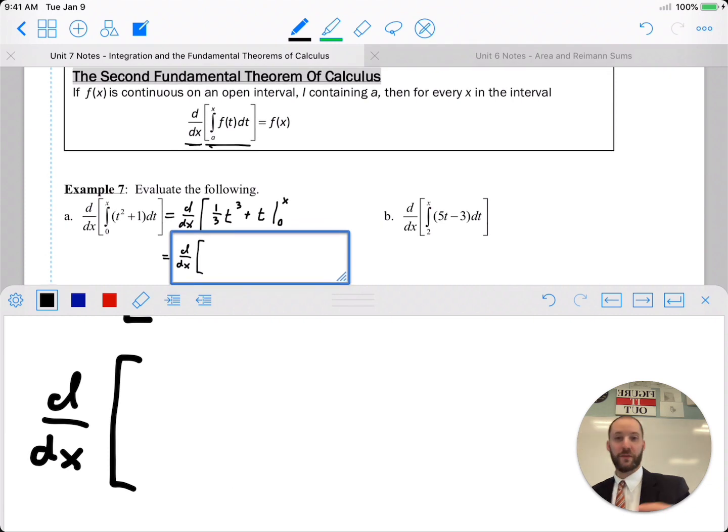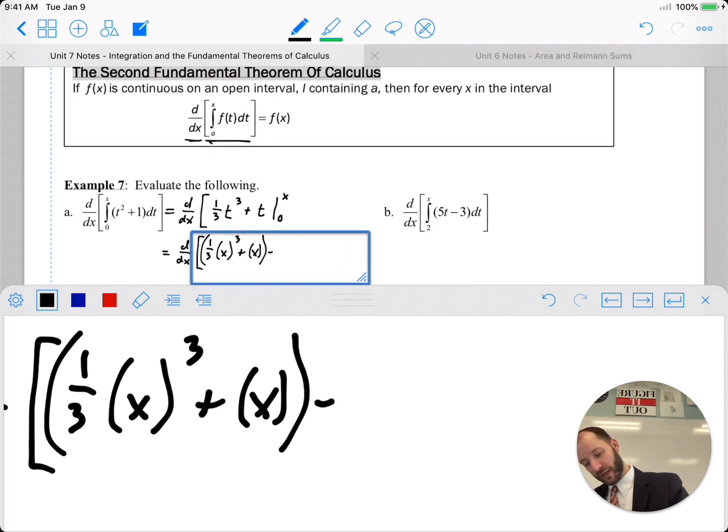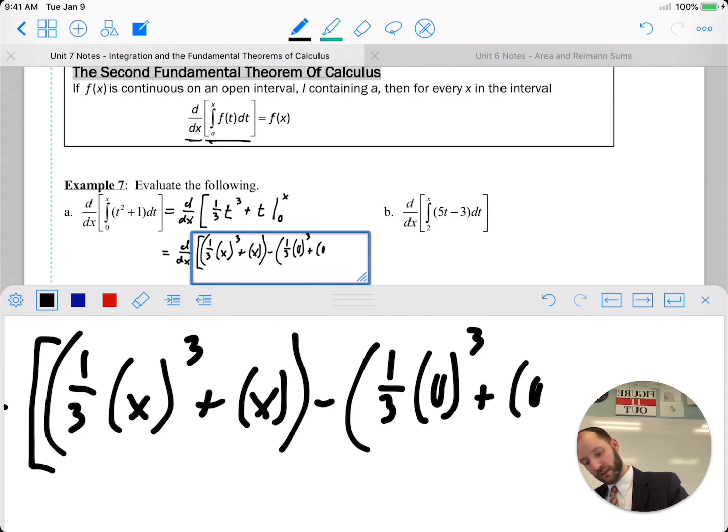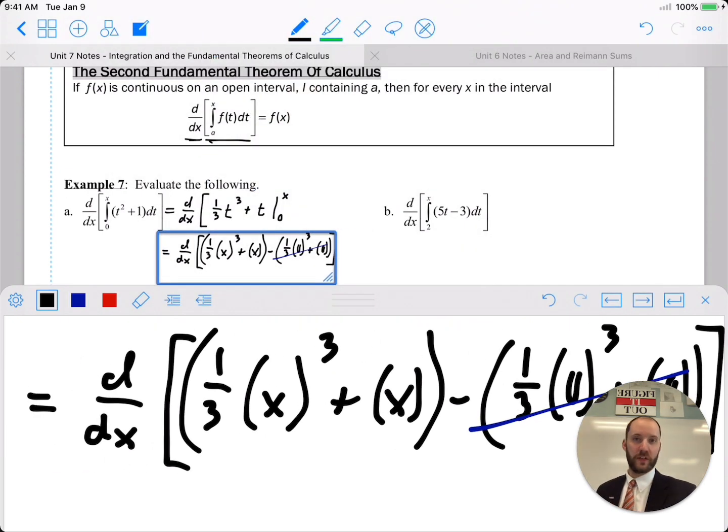So now let's go ahead and evaluate. So plug in x, subtract, plug in 0. So 1/3 x to the third plus x, and there's the upper bound, minus the lower bound, 1/3 0 cubed plus 0. Now all those zeros cancel out, so we just have the derivative of 1/3 x cubed plus x.